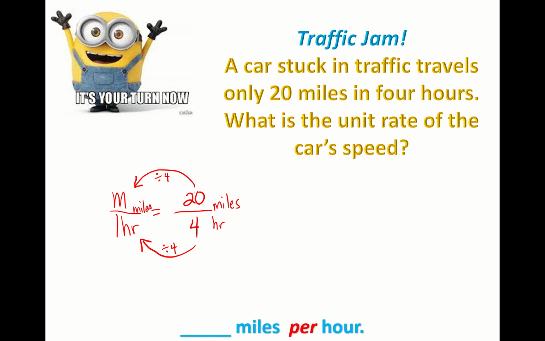So 20 divided by 4 means that M, our missing number, equals 5. So this means unit rate wise, we are comparing 5 miles to 1 hour. So her unit rate is 5 miles per hour.